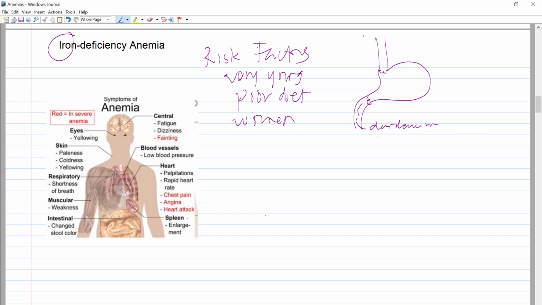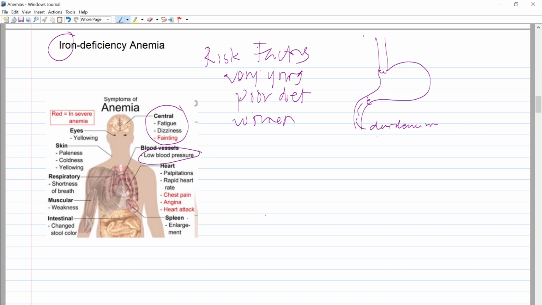So what are the signs and symptoms of IDA? As you can see here, when you look at it, you already know that if there is alteration in RBC production, for sure there is alteration in oxygen delivery in the system, and it can affect level of consciousness. It can affect the cardiac output.